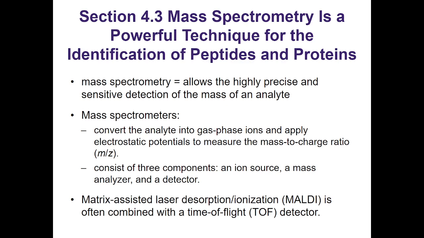Matrix-assisted laser desorption ionization, which is denoted as MALDI, that's the abbreviation, is often combined with time of flight. Time of flight meaning you measure how long it takes to get there. And so you can like have GC-MS. You can have different variants. You can actually have GC, GC, LC, MS, MS, MS. Okay.